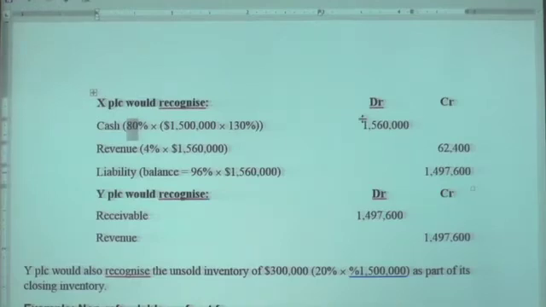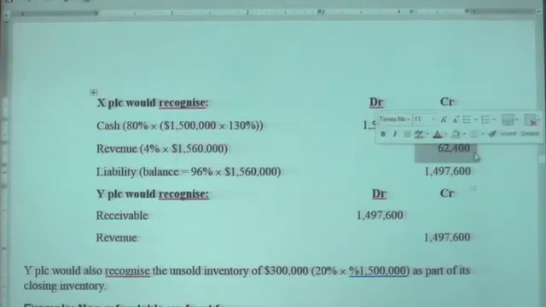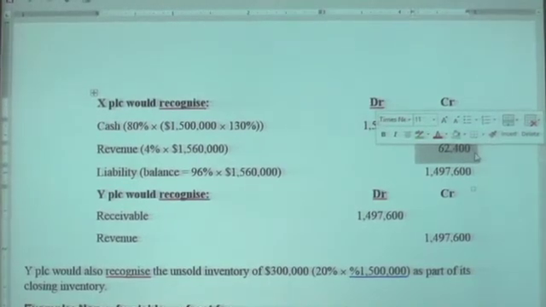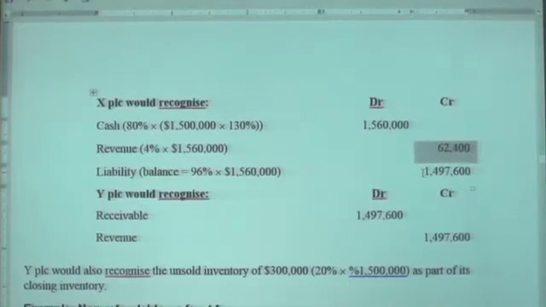That revenue was collected on behalf of principal Y. But you are entitled only to 4%. Therefore, from that revenue, your revenue will be the 4% commission fee, agency fee. Credit your revenue account only 62,400. The balance is not your revenue, it shall be remitted to YPLC. Therefore, credit the balance to a liability.